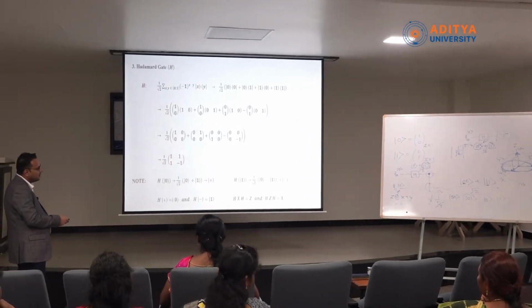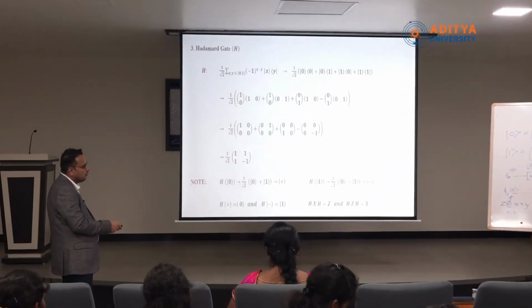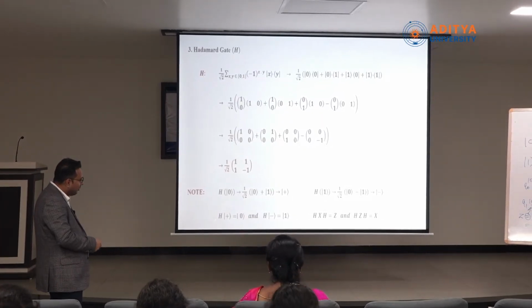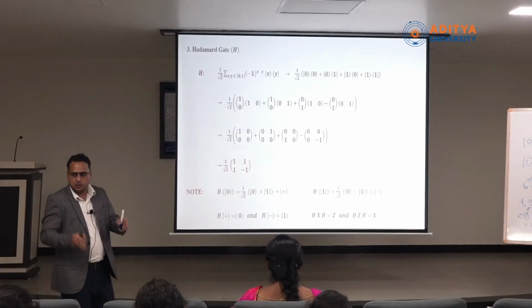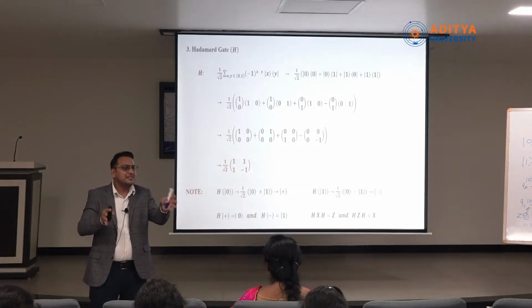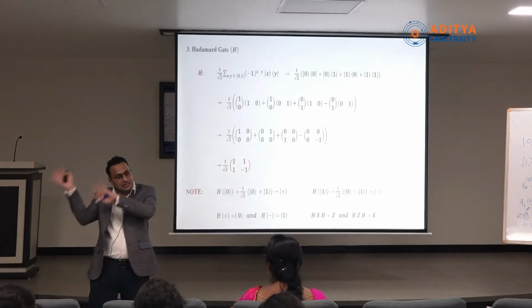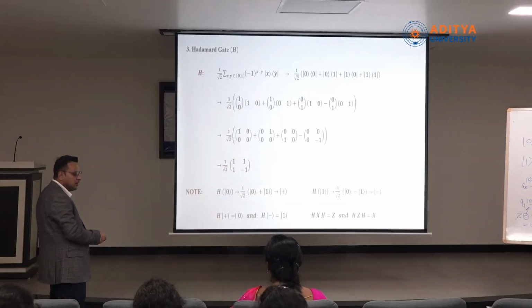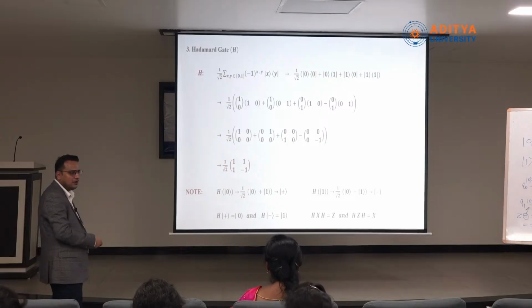Hadamard applied on 1 gives 0 minus 1 by root 2, which is equivalent to the minus state. Now, Hadamard on plus means you applied Hadamard on 0 and are applying Hadamard again, so it should return to the original quantum state. Hadamard on plus gives 0, Hadamard on minus gives 1.